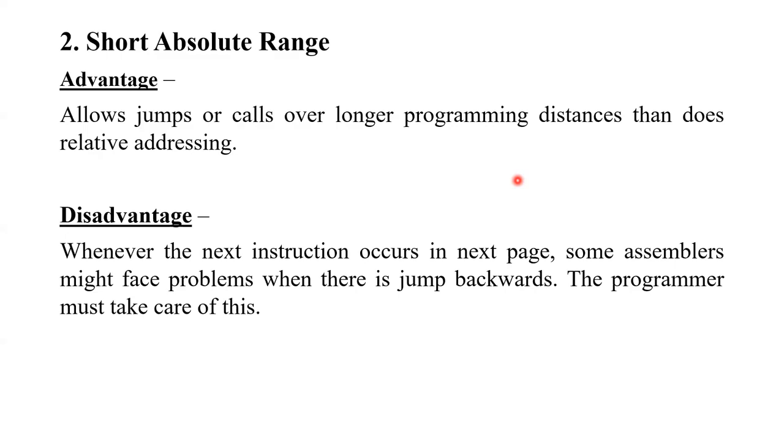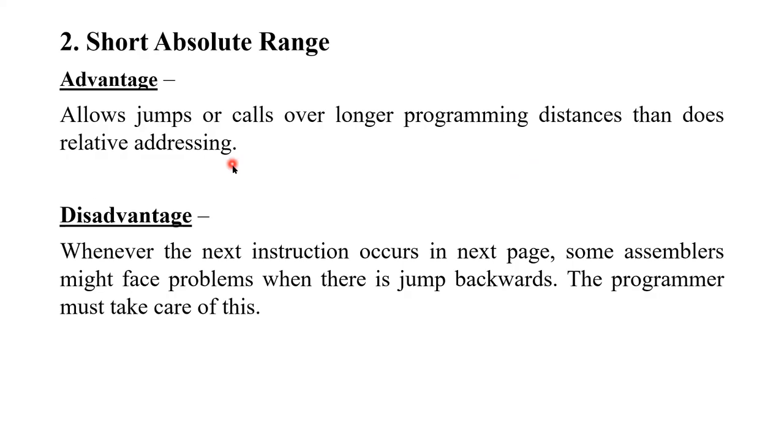That is plus 127D to minus 128D. But with short absolute range, the range is more. What is the range here? You can jump up to 2 kilobytes of page there. That is the range. The distance is much longer as compared to relative addressing.